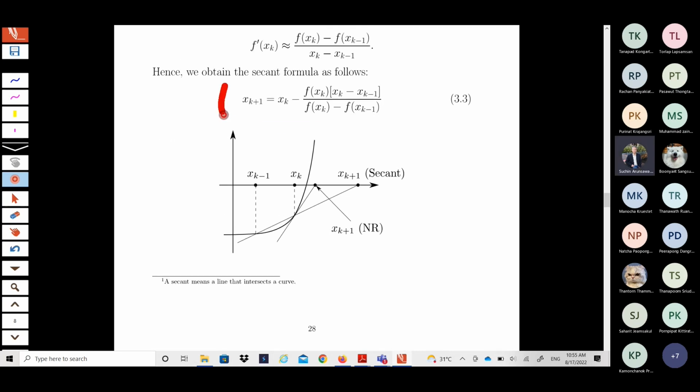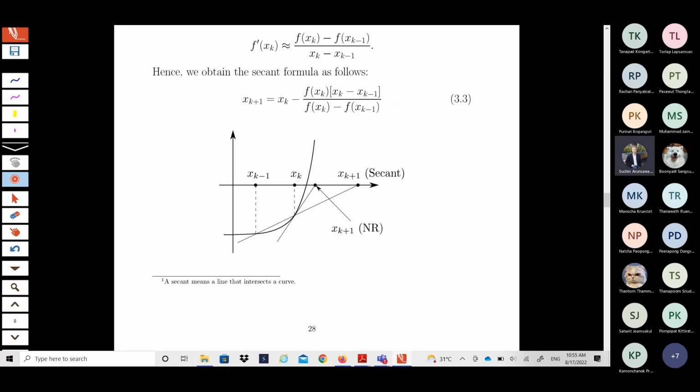So this is the secant formula: xk plus 1 equals xk minus this. In the second term, there is no derivative, right? There are only f of xk minus 1 and xk minus 1.